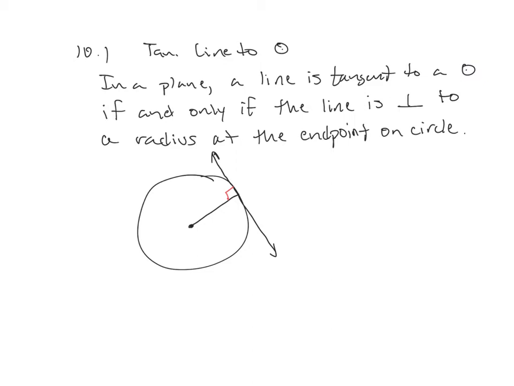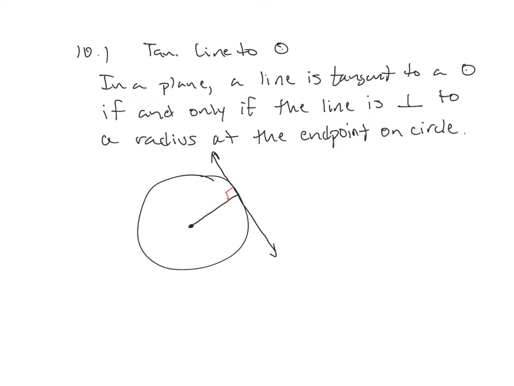Okay, so there's going to be over 15 theorems this chapter. So as we go, I'm going to talk about how to organize and stuff like that, but there's going to be a ton of theorems. And it's just kind of all the stuff we know about a circle.